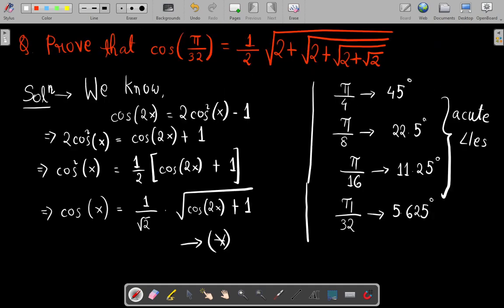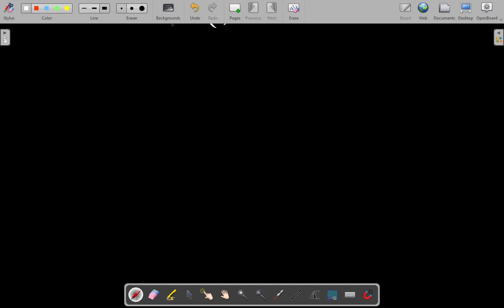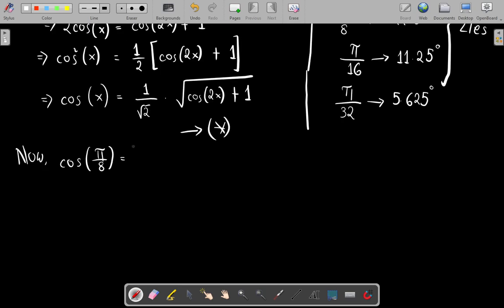Okay, so now let us start first with, let's say, pi by 8, right? We know pi by 4. Let us try to find the value of cos of pi by 8 first. We will use this above formula.